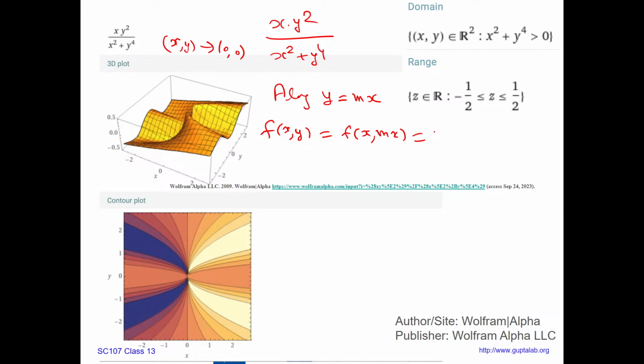Now this goes towards 0 as x, y approaches 0, right? Correct? So that means along any straight line passing through origin, this limit is 0. अब क्या लगता है? Yes? कुछ बोलना चाह रहे? हाँ?